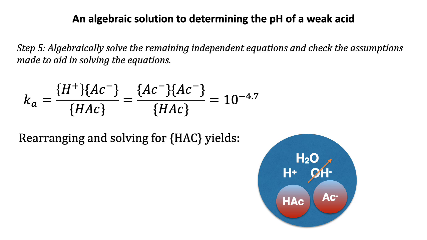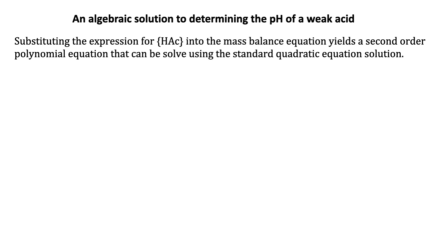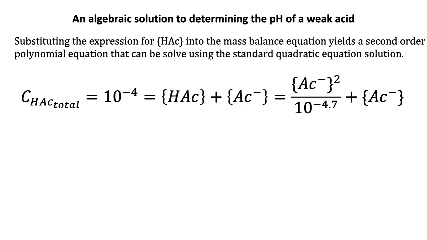If we rewrite this in a linear fashion, we have HAC is equal to AC- squared over 10 to the minus 4. Here we have a squared term, and we can write the denominator in terms of HAC. So our total concentration is HAC, which is equal to AC- squared over 10 to the minus 4.